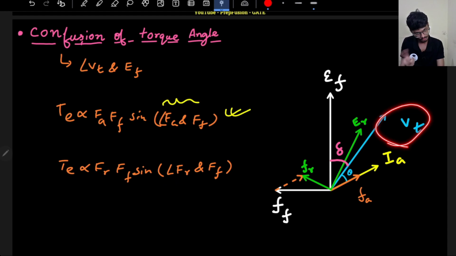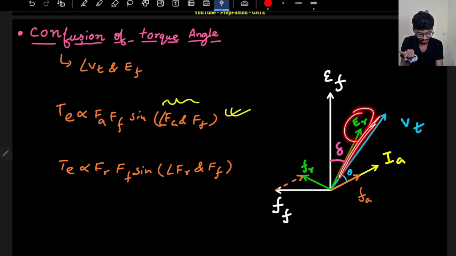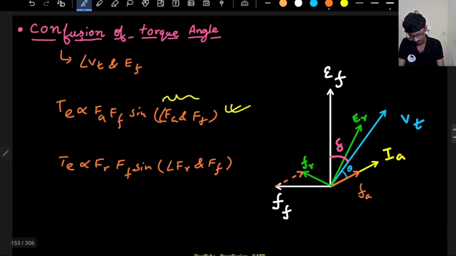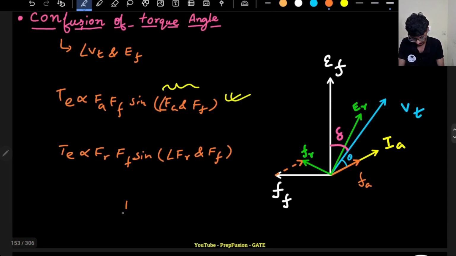What is Vt in terms of mmf? I cannot write it. Vt will have some mmf that I am not able to represent, but we are able to represent Er. If you remember, this was my synchronous generator. Then I had the armature reaction, jXar, and then I had this Er here.